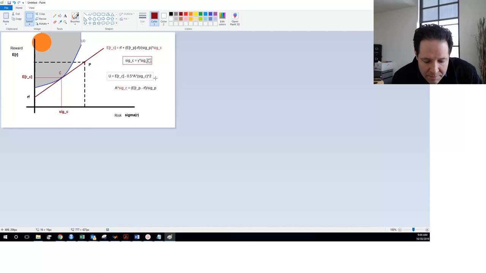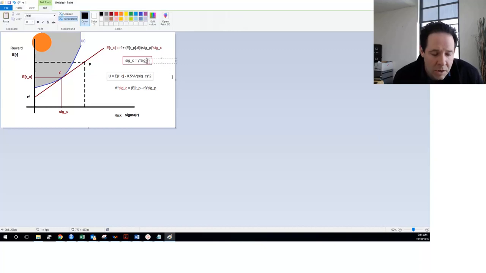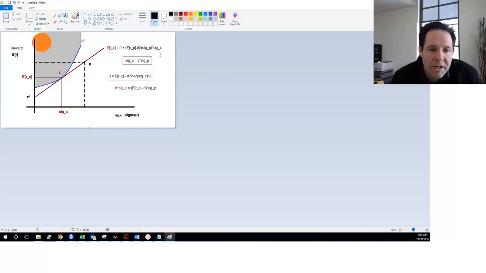It's going to be times sigma of the risky portfolio, P. So apologies for the typo. Hopefully you saw that when it happened and said, oop, you're making a mistake. Here, we fixed the mistake.